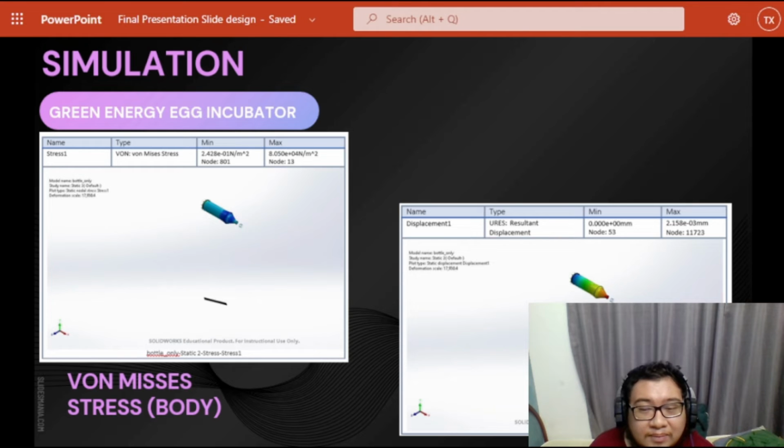As for the displacement, the minimum is 0.000 E positive 00 mm. As for the maximum value for displacement is 2.158 E negative 03 mm.